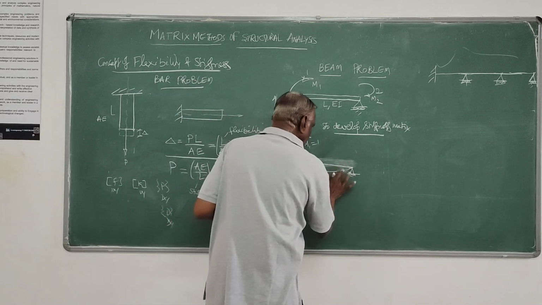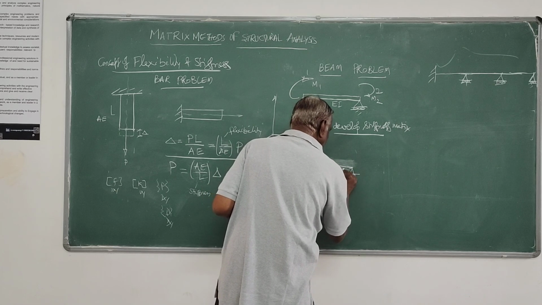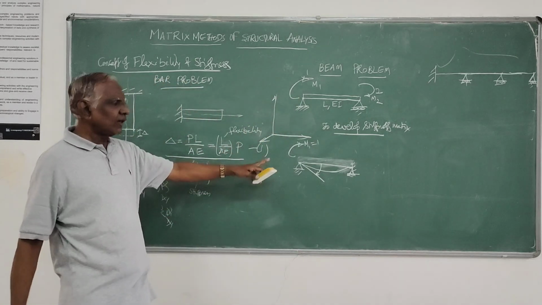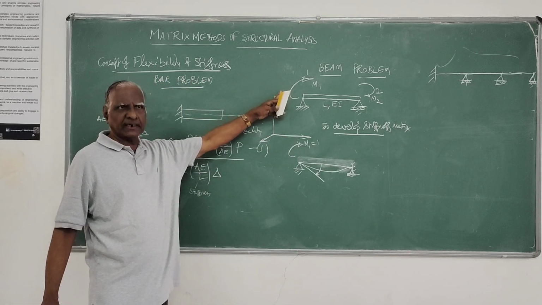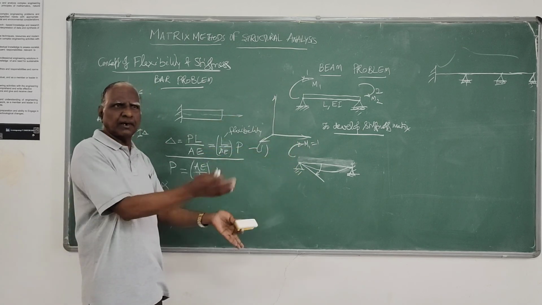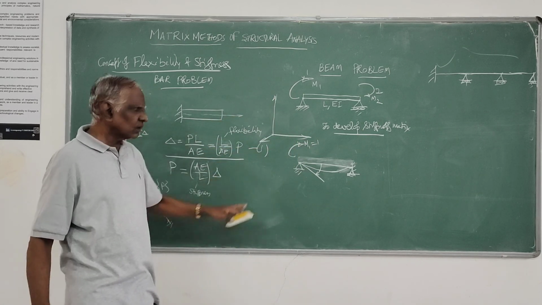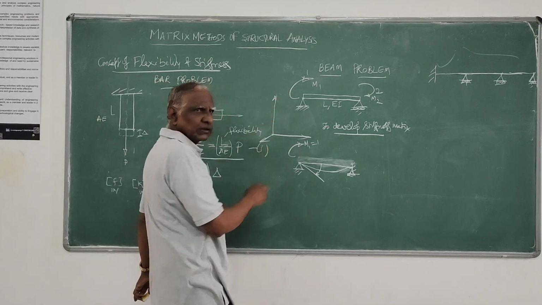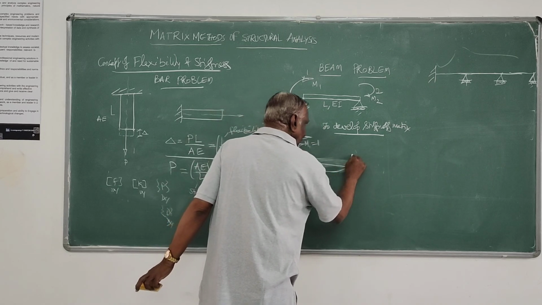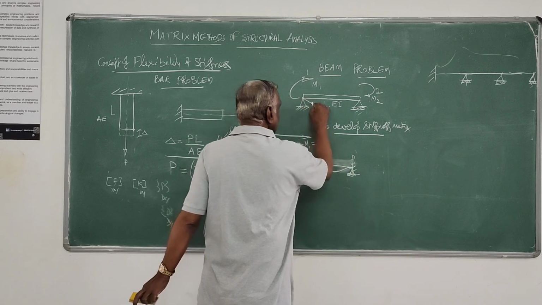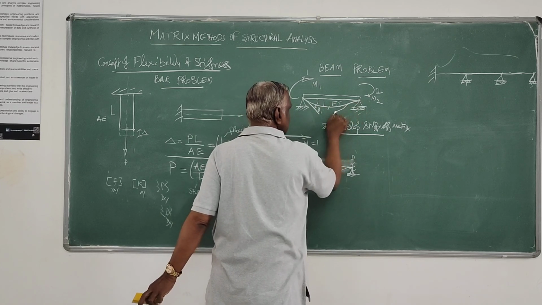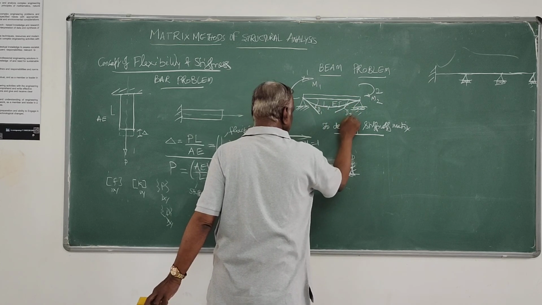So this I should not allow it to rotate. Other than that I will apply unit moment only in one direction. Of course, when one unit is applied due to m1, I will simply multiply by whatever result I got, so that I will get what is due to this. This will result in displacement d1 and this results in displacement d2.